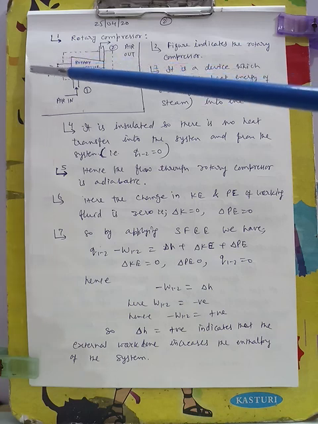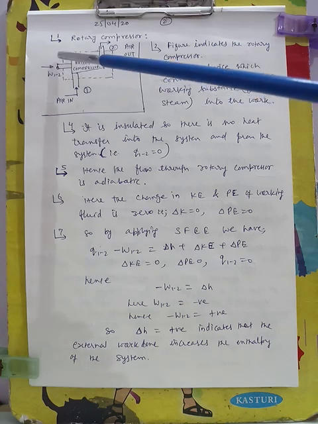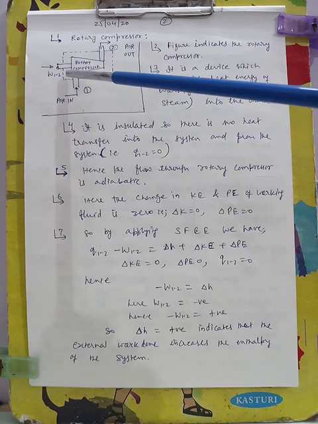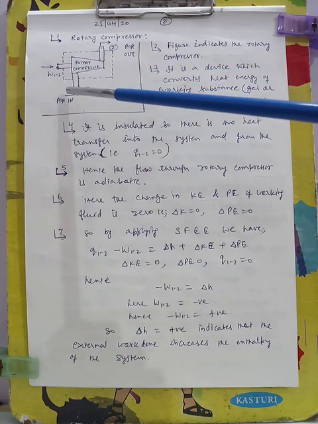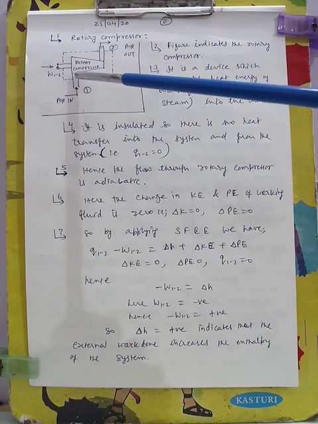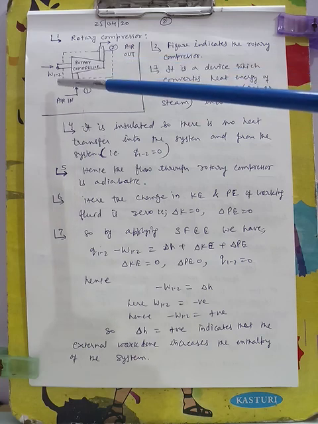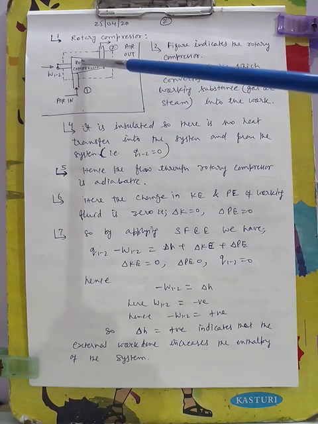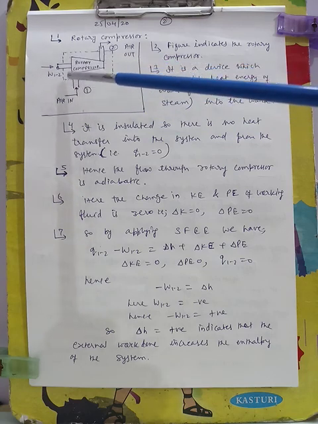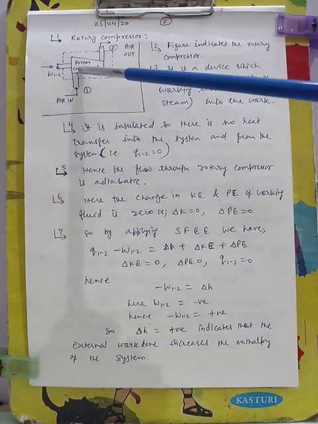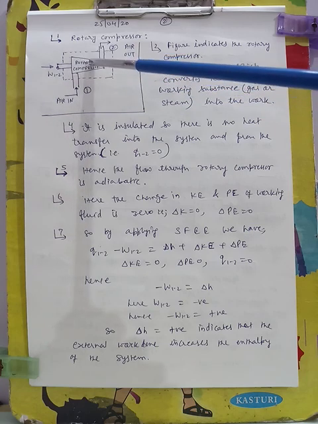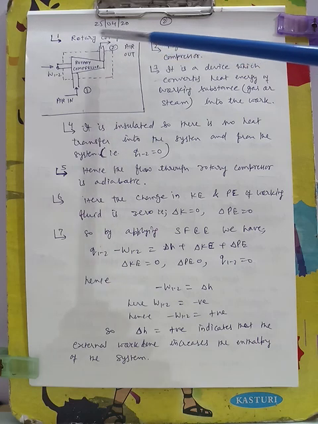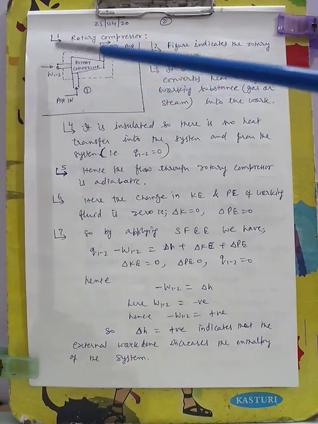So this arrow indicates that work is done onto the system, and this is the inlet of the rotary compressor. The working fluid is air here, and after getting into the system, the work is done, the energy of air will be pushed. After that, air will come out from here, and this is the system boundary.